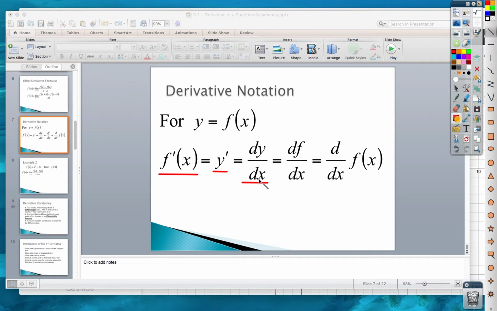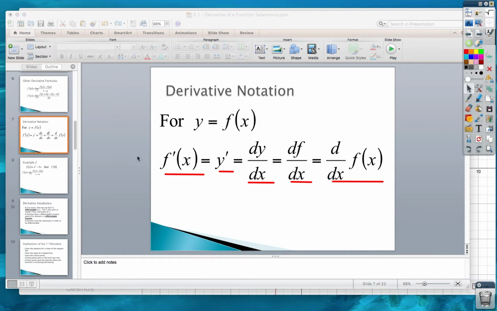So that's why we can get the slope formula. It's the change in y divided by the change in x, which in algebra was your y2 minus y1, all divided by x2 minus x1. This thing, df divided by dx, is the same thing. It's the derivative of the function with respect to x, and d dx for f of x is the same idea.